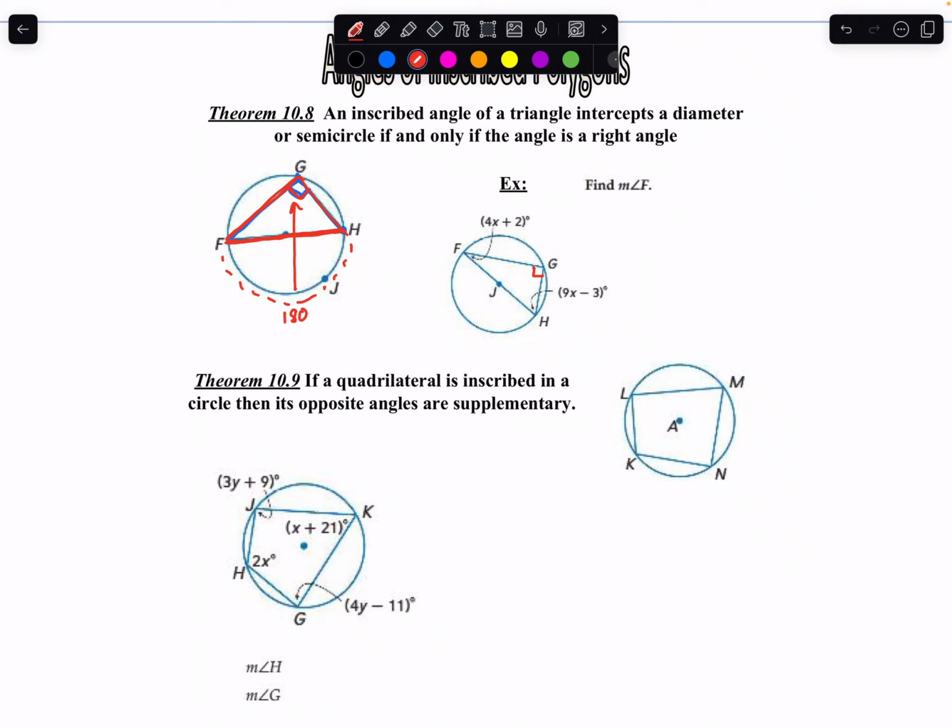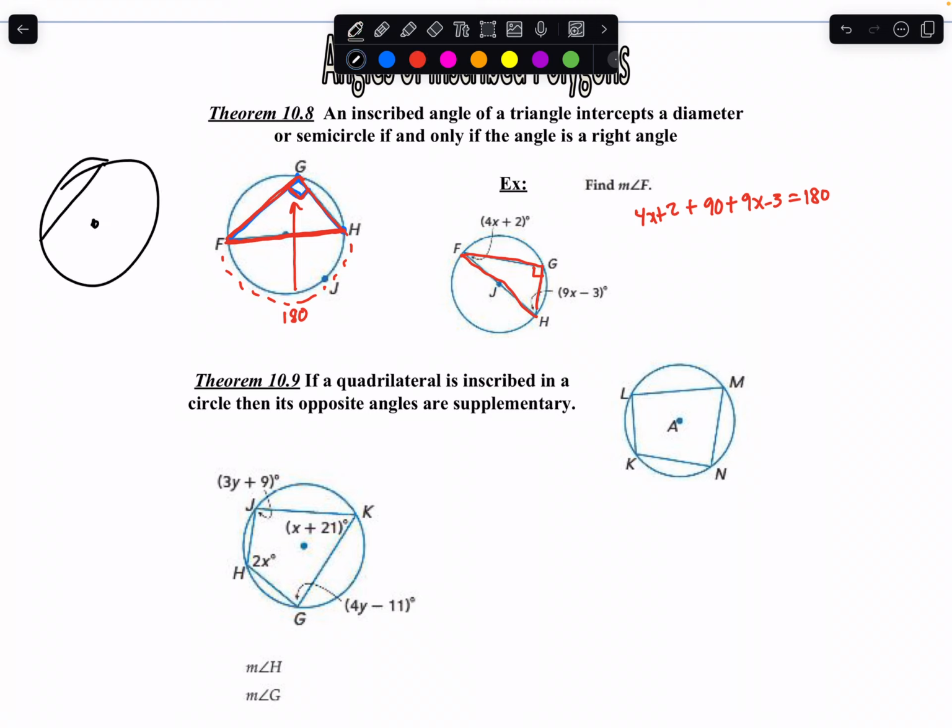So we got 4x plus 2, angle F plus angle G plus angle H should equal 180, because we're still dealing with the angles within a triangle, except that in this case it's a right triangle.